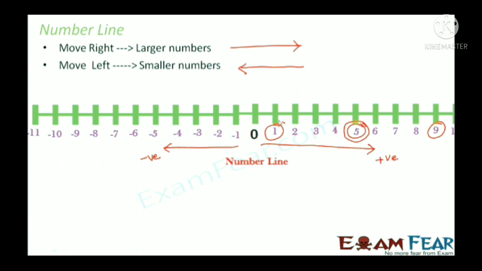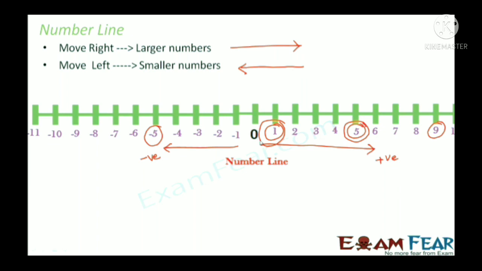Now if I compare 1 with minus 5, which is bigger? Even though 5 is bigger than 1, minus 5 is less than 1 because 1 is located on the right side of minus 5, right? So with this, what we understand is any number which is located towards the right is a bigger number.